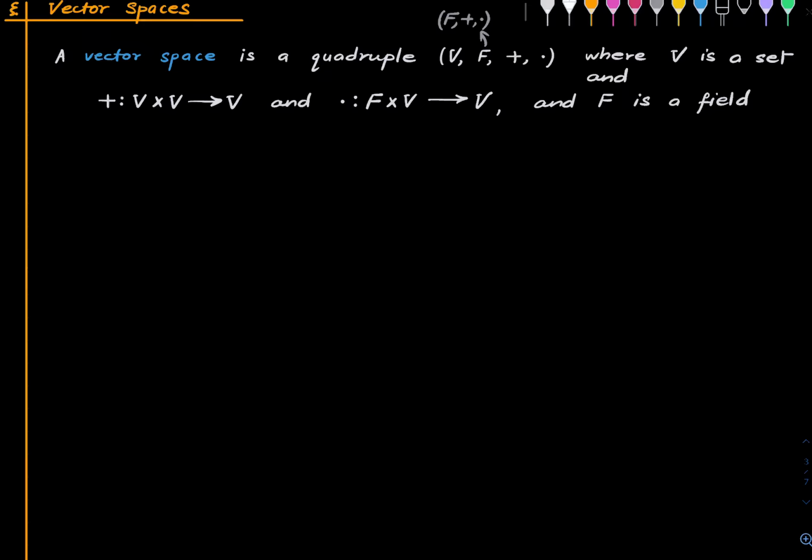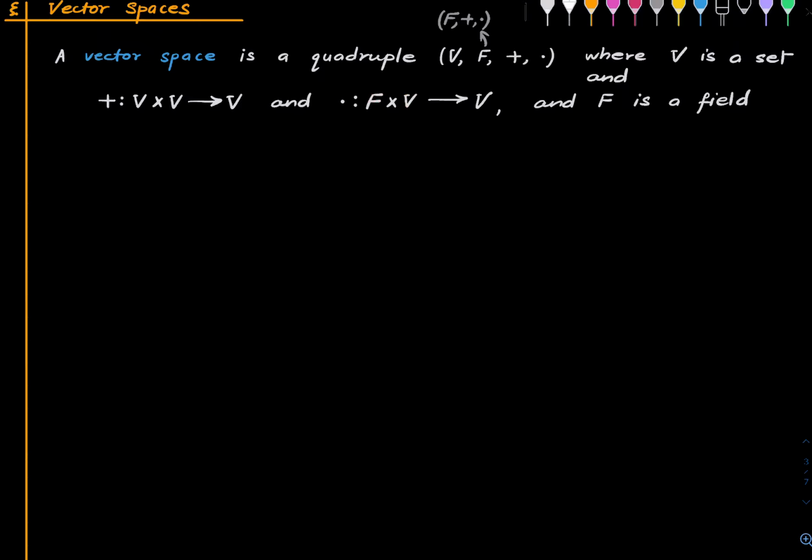So just think of this as mimicking the addition that we saw in R2. It picks two vectors and produces a vector. And this picks a real number and a vector and gives you another vector. So here the real number is replaced by some abstract field, and R2 is replaced by some other set.